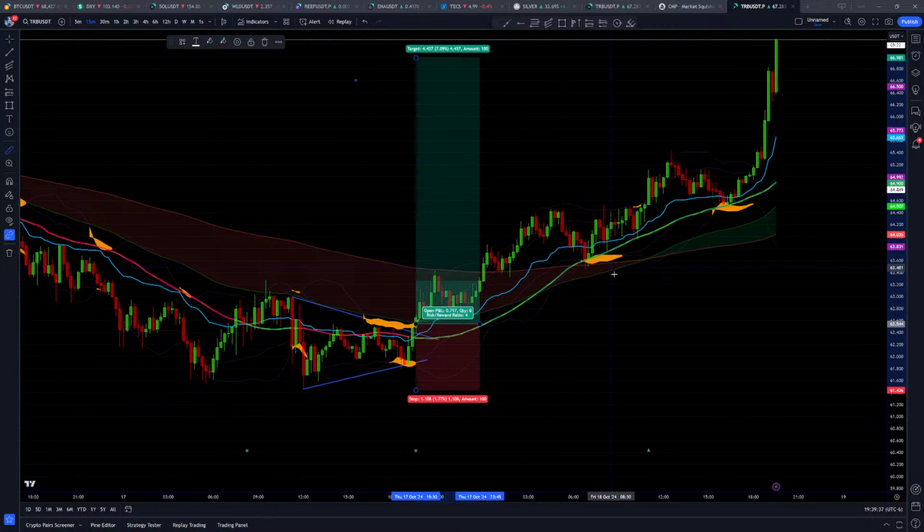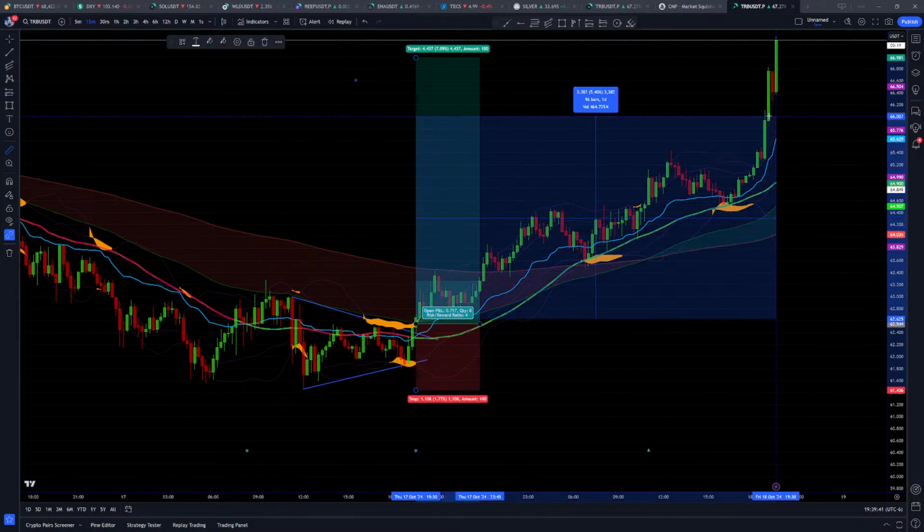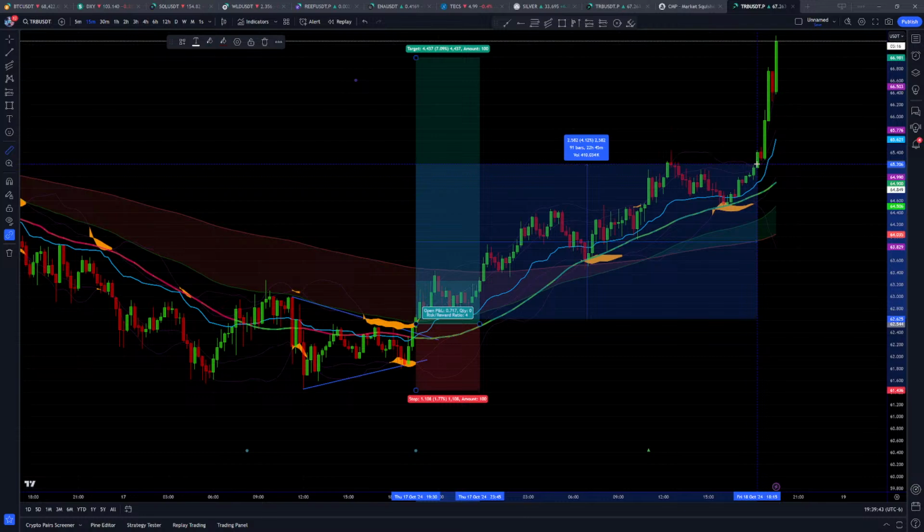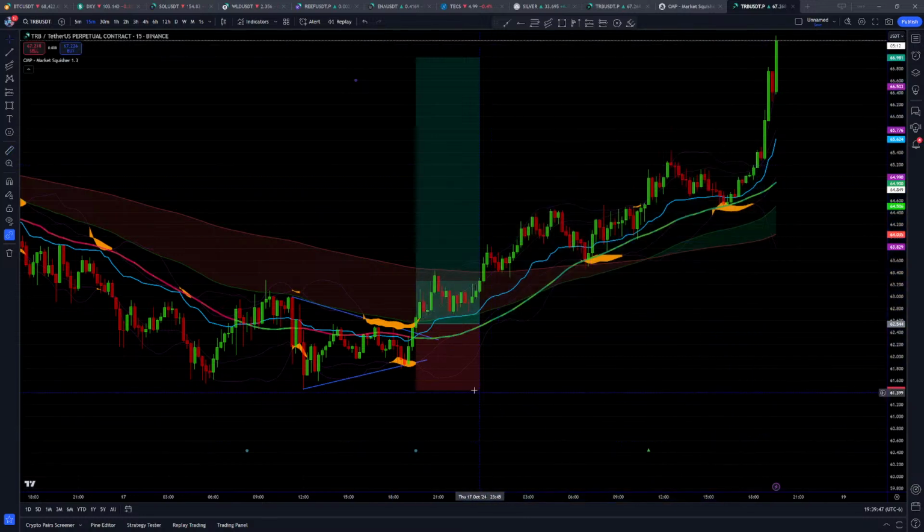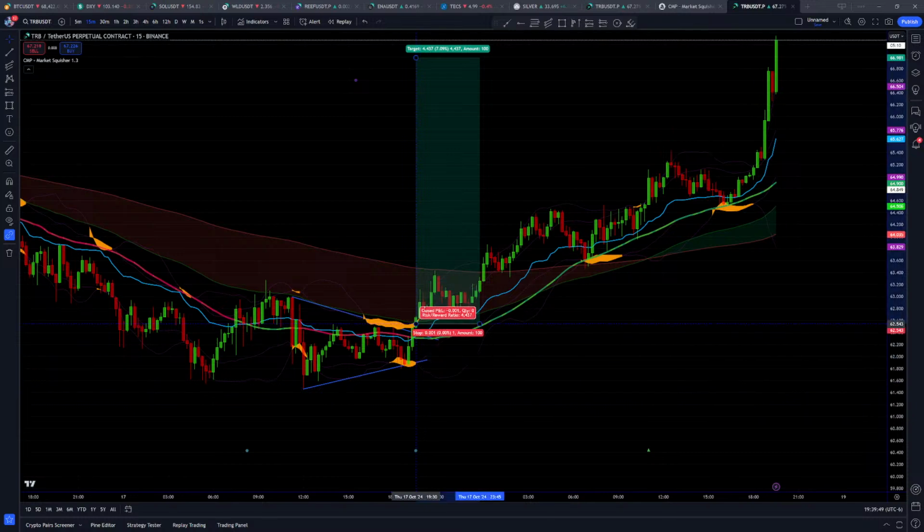Are you still looking at the 15-minute example on TRB? Correct. See how price just does not come back. You could move your stop loss to break even almost immediately after you enter.